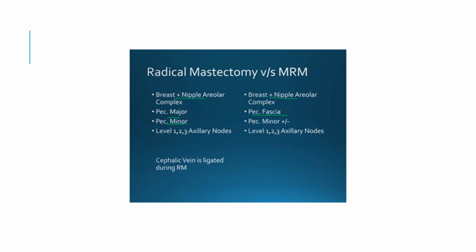If pectoralis minor has to be taken, you take. Otherwise, you preserve. Then levels of axillary lymph nodes. All the axillary lymph nodes, because it's a total axillary dissection. Like I told, level 1, 2, 3. 1 is lateral to the pectoralis minor, 2 is behind, and 3 is medial to the pectoralis minor. During radical mastectomy, cephalic vein is ligated.